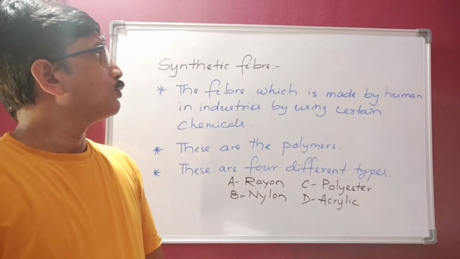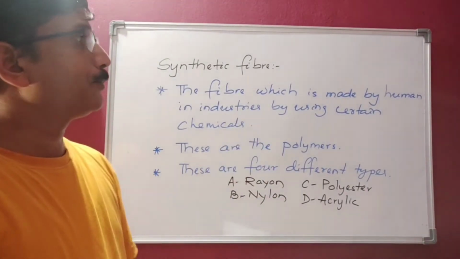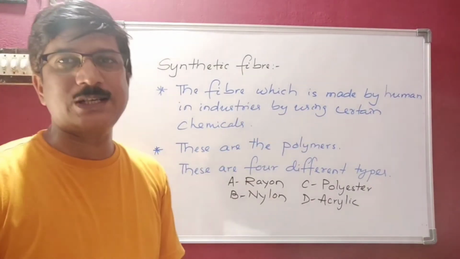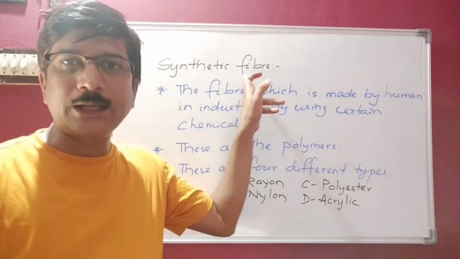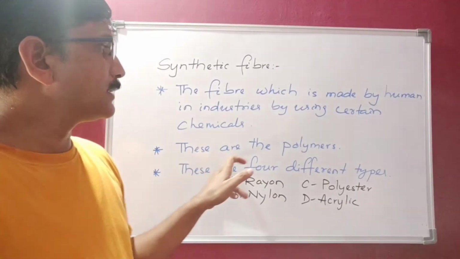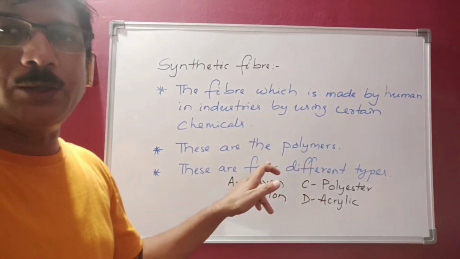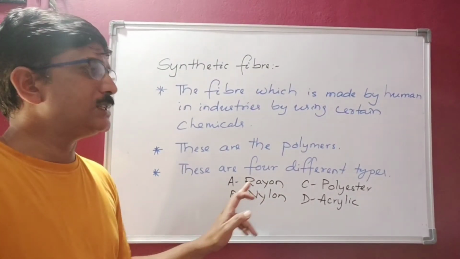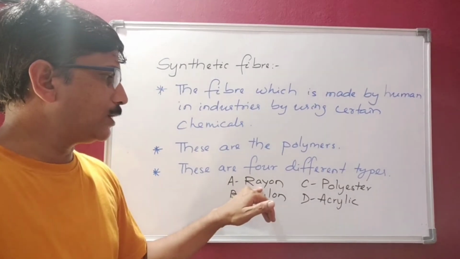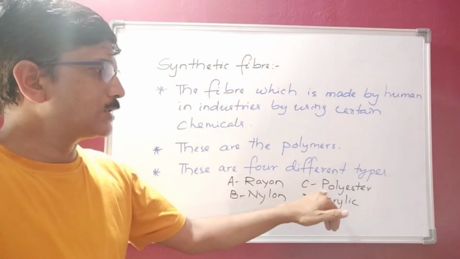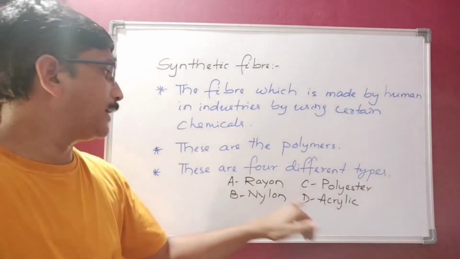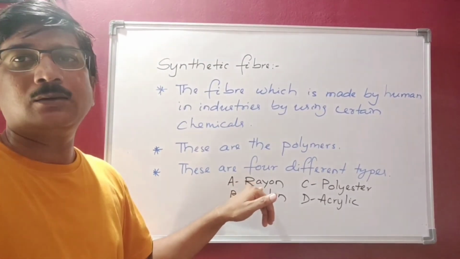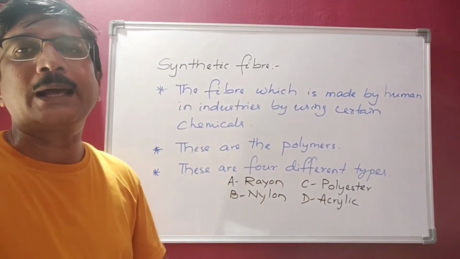Now we'll go for a brief discussion of synthetic fiber. I have told you that the fiber which is made by humans in industries by using certain chemicals is called synthetic fiber. All synthetic fibers are polymers, and synthetic fibers are classified into four different types: rayon, nylon, polyester, and acrylic.